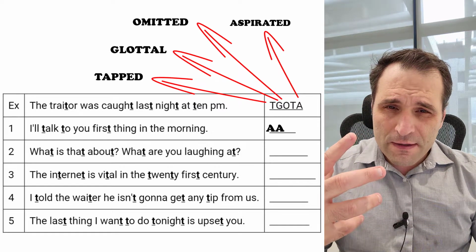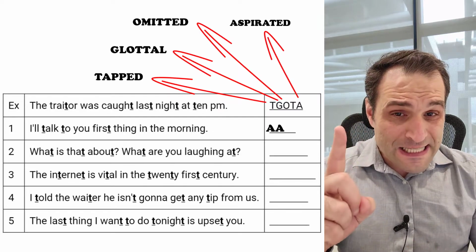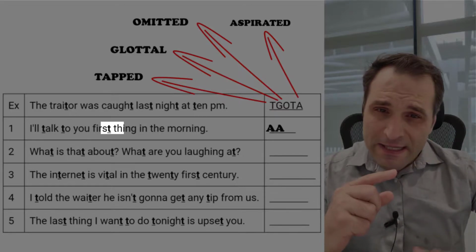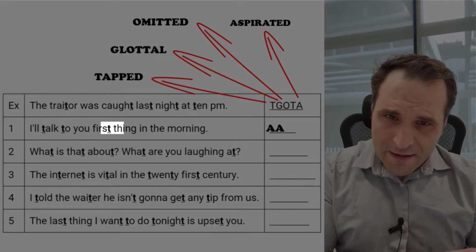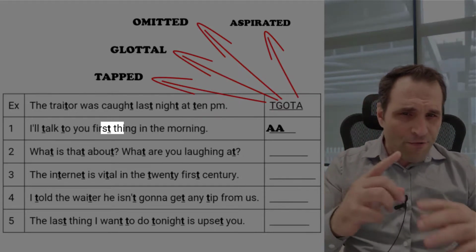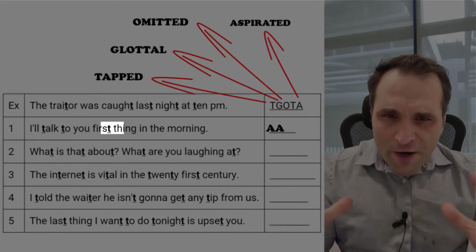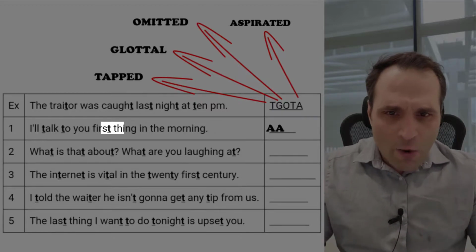I've got T, but I've got S before the T, and then I've got TH after the T. Now think of this: it's very difficult to say "first thing." Just try it out. See how hard it is.